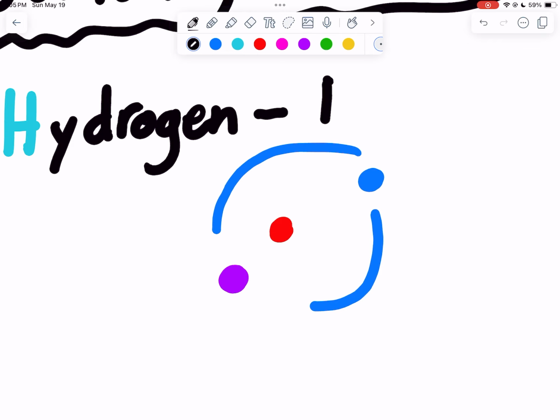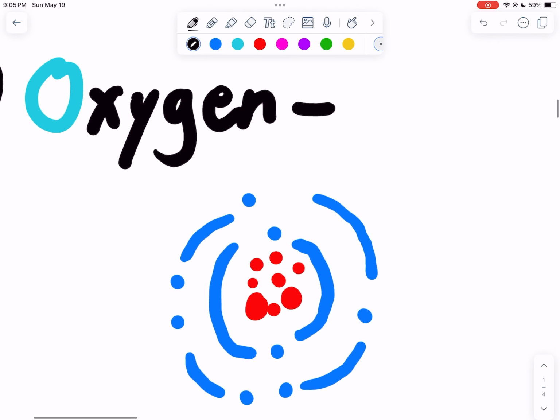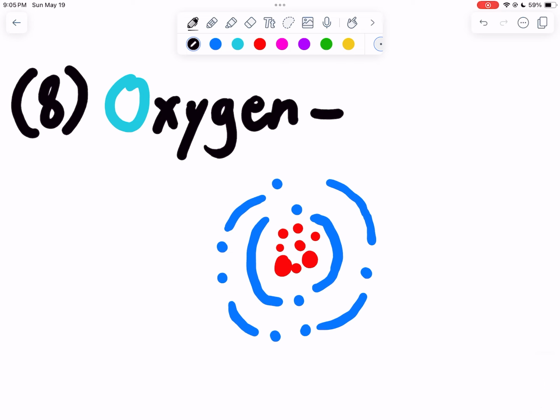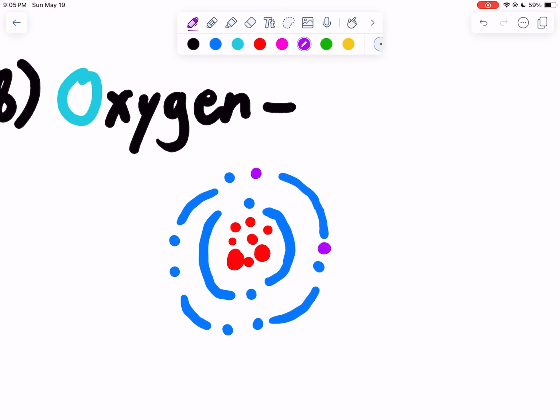So hydrogen wants to make 1 bond. If we move down, and I'm going to go quicker now because I've explained this concept multiple times now, oxygen wants to make 2 bonds, as we can see here, to fill its shell.